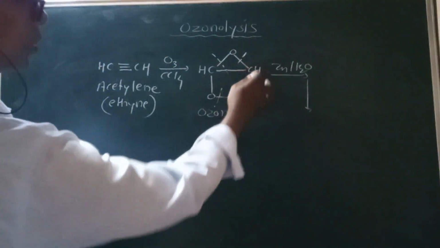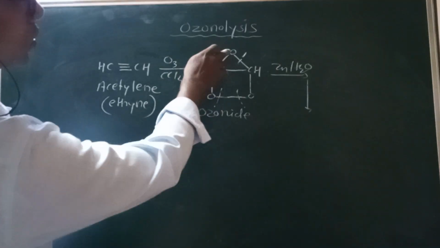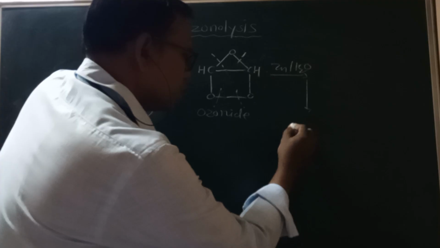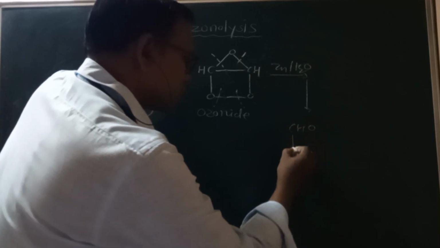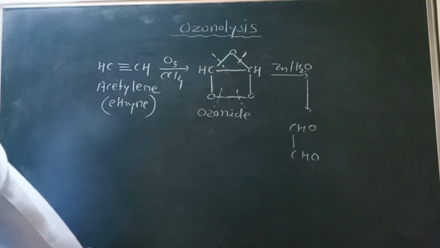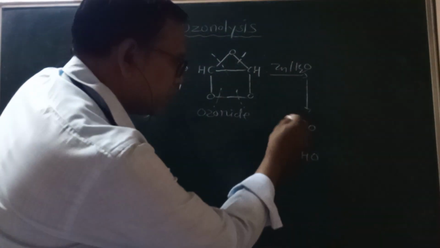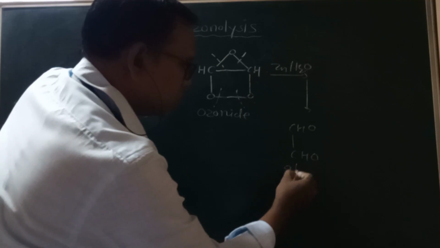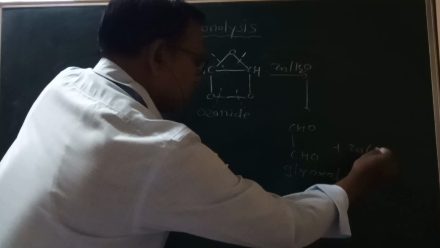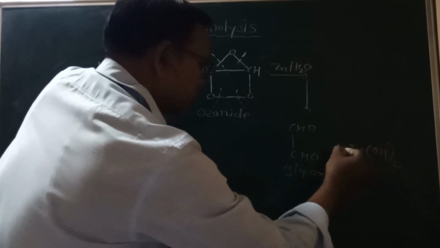So you get CHO and CHO, and this O couples with Zn, giving Zn(OH)2. So you get the same molecule, CHO-CHO, that you got in the previous example, the ozonolysis of benzene. We'll get one molecule of this compound, glyoxal, plus our same secondary product, zinc hydroxide.